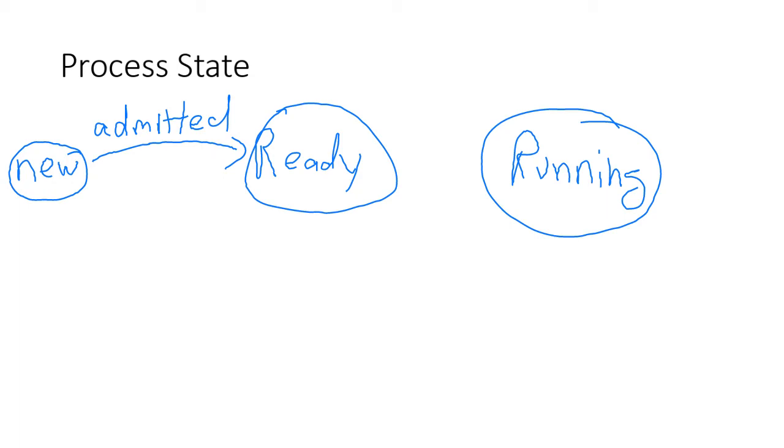So when the CPU becomes free, there is a routine or task, in other words code, that is part of the operating system, and you would call it the CPU scheduler.